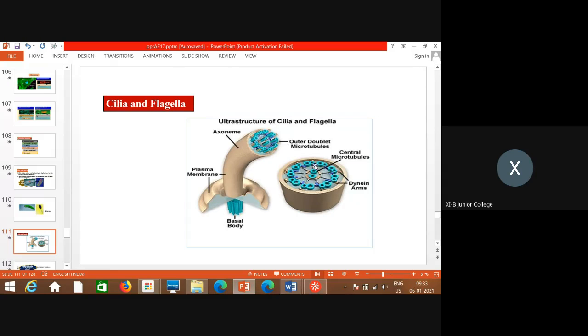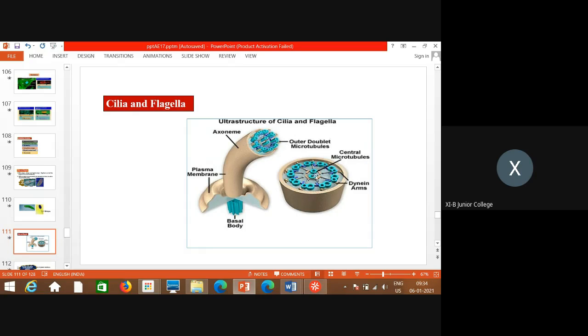Now the internal structure, when we see it very clearly, you can see these different parts. If you count these double ring-like structures: 1, 2, 3, 4, 5, 6, 7, 8 and 9. So these 9 double rings are present on the periphery, whereas two single ring-like structures are present at the center.